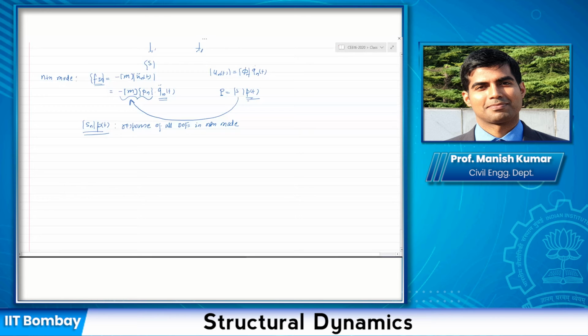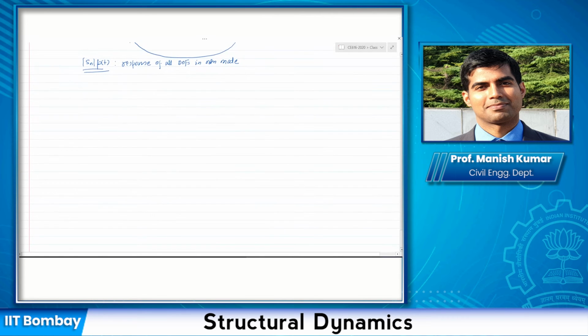If this is clear, let us look back at our equation of motion in terms of this S. Our equation of motion was M_n q_n double dot(t) plus C_n q_n dot(t) plus K_n q_n(t), and this was equal to P_n(t) here.